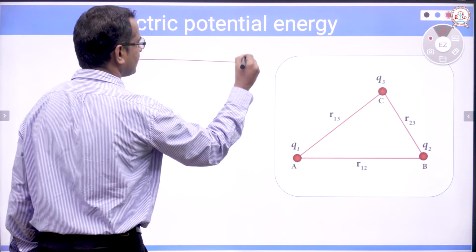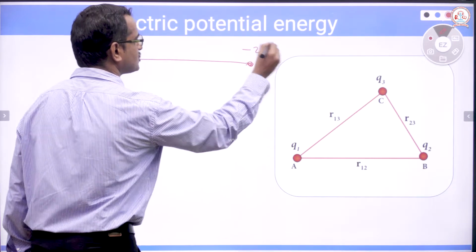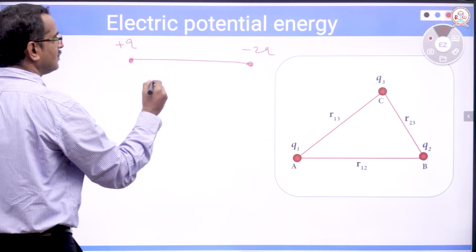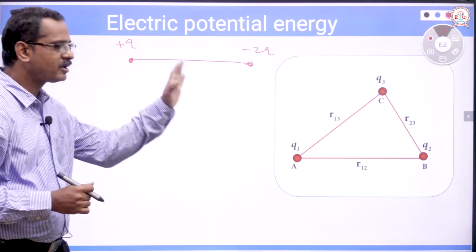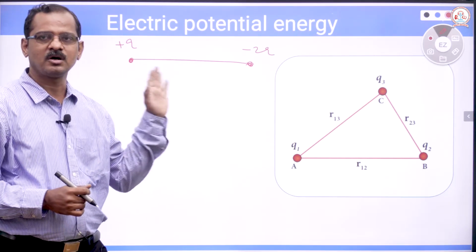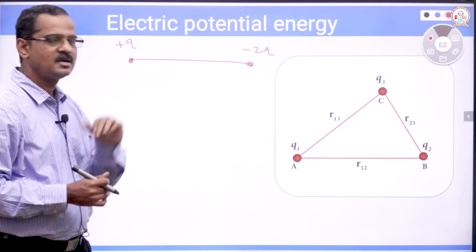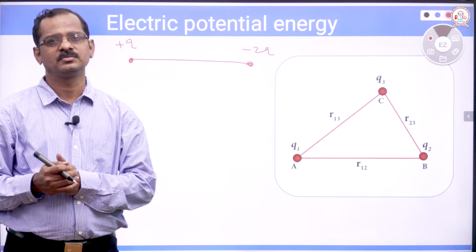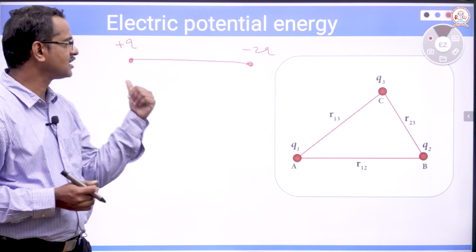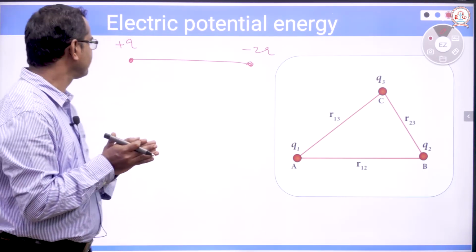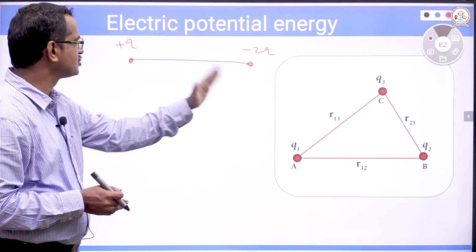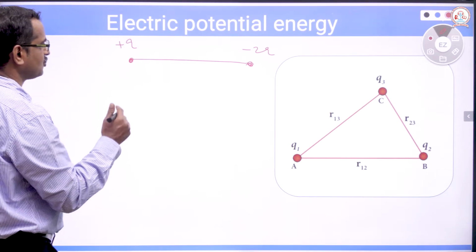Consider a point somewhere here where minus 2Q charge is there. The question is, at what point between the two charges will the electric potential be 0?